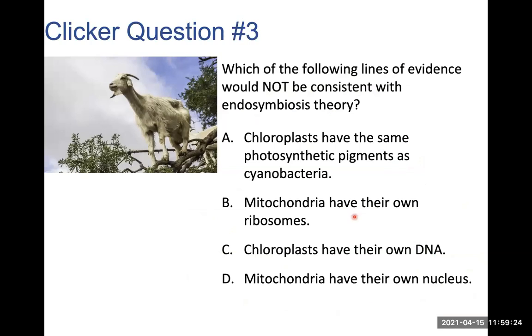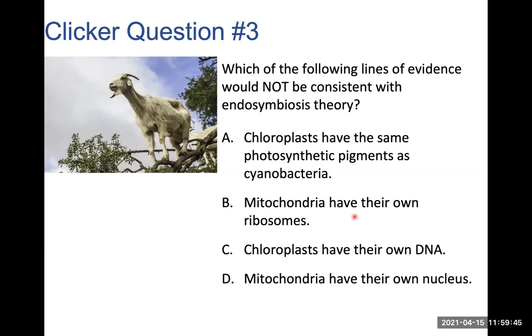There's a question: which of the following lines of evidence would not be consistent with endosymbiosis theory? A, chloroplasts have the same photosynthetic pigments as cyanobacteria. B, mitochondria have their own ribosomes. C, chloroplasts have their own DNA.